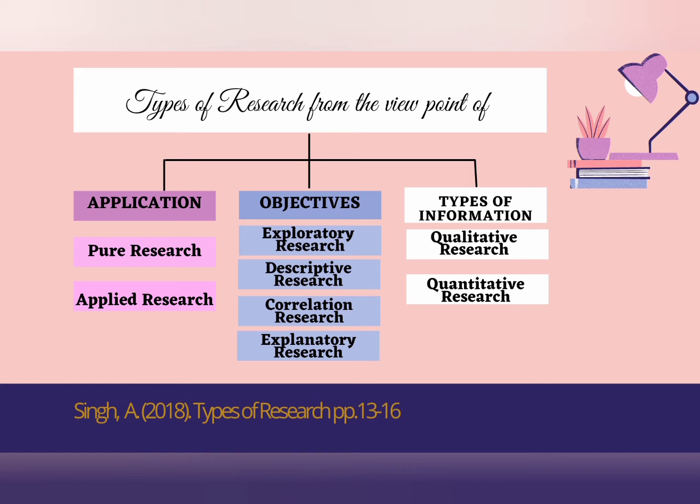But the types of research that we usually know are these two main types: qualitative research and quantitative research. Among these two, we will explore qualitative research more, but I know you already have an idea of how to create a qualitative research because it was already done in your Practical Research 1.